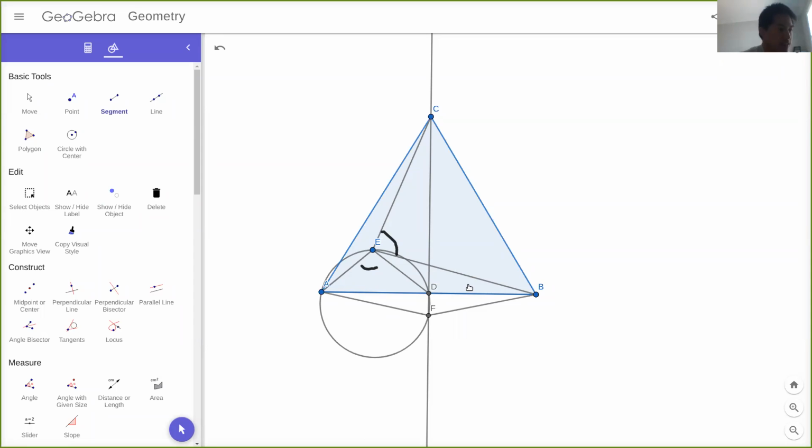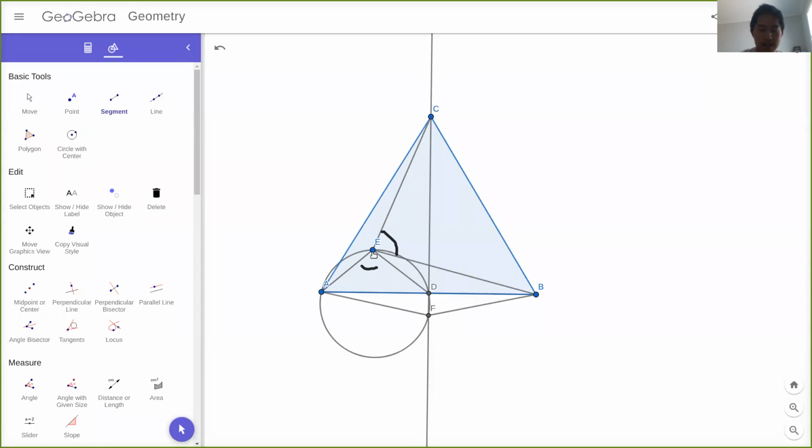So yes, as Sri pointed out, we want to show that CEFB is cyclic. Okay. So how do we show that CEFB is cyclic? Now we can bring in our original property that we were talking about.